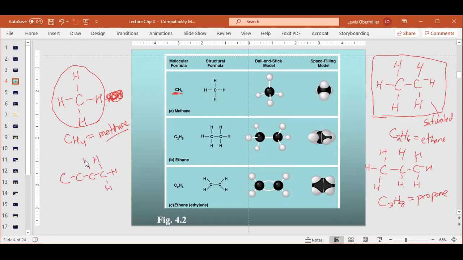Drawing this out is pretty simple, because if you just add 1, 2, 3, 4 carbons, and then you know that carbon makes 4 bonds, then you can easily add in all of the hydrogens. So this would be C4H10, and this is butane. And if you ever used a cigarette lighter, you know what that is. So all these are the basic hydrocarbons that you need to know.